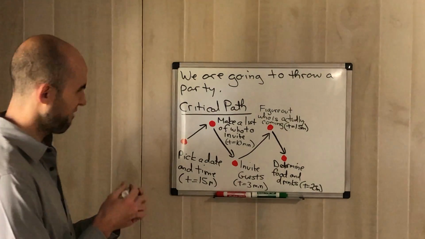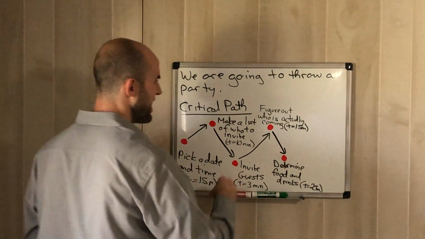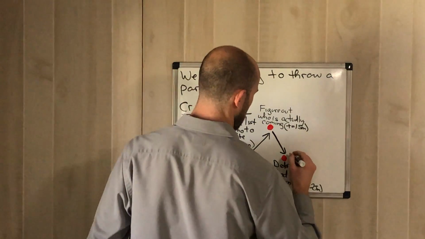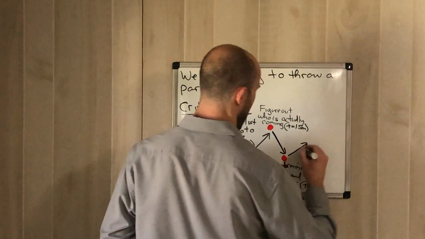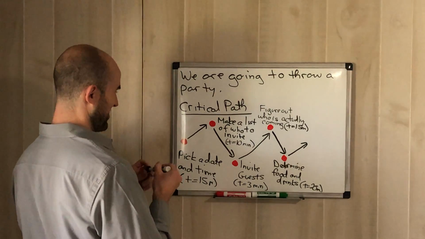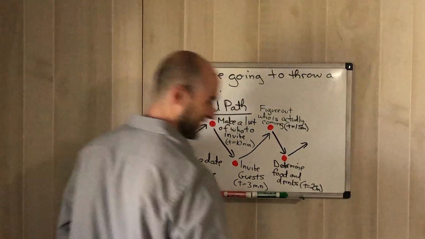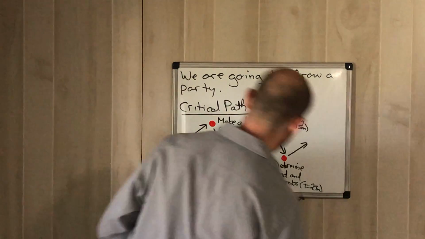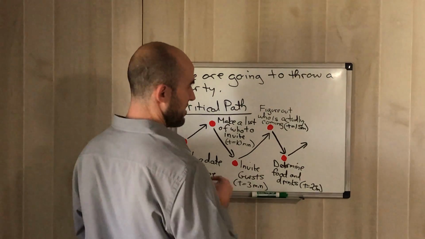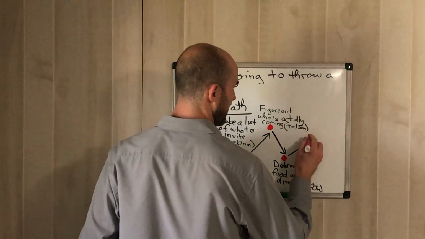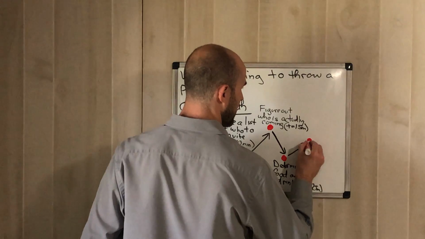After that, we can figure out, let me go buy the food. Actually, the next thing, and it's starting to get a little bit tight, I apologize, that's just the limitations of my board. So, we figured out what food and what drinks we want to buy.